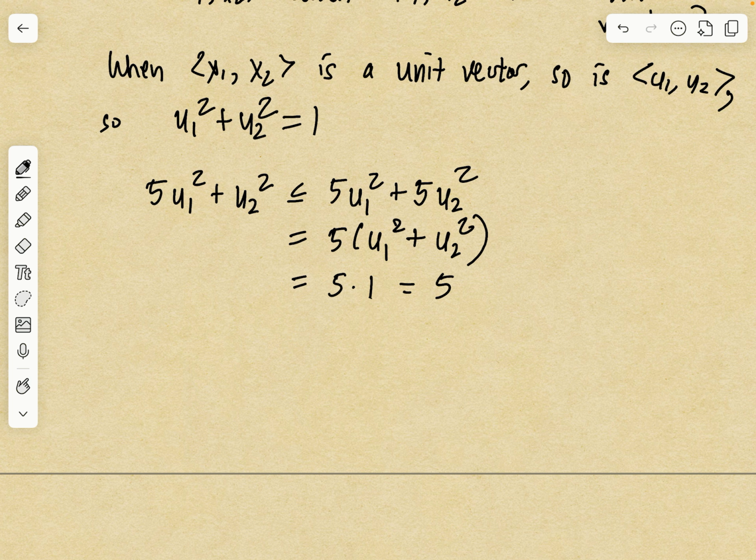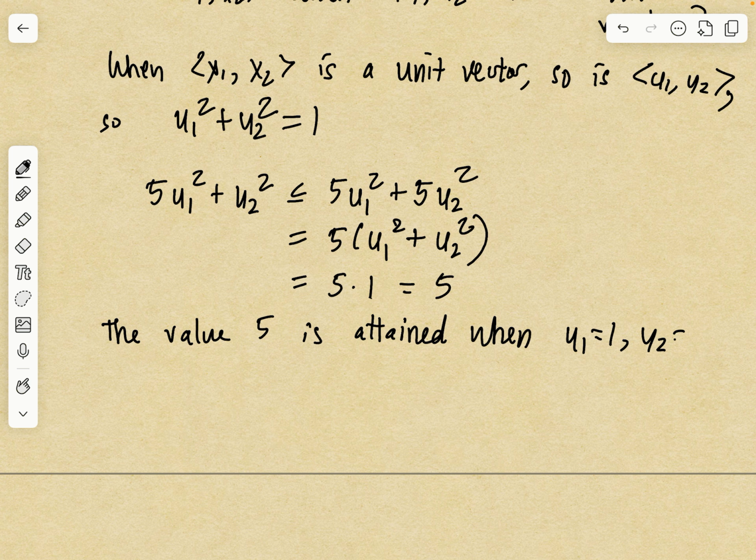But is it possible for 5u1 squared plus u2 squared to be 5? Can you come up with a unit vector u1 and u2 that will make that equal to 5? Well, yes, the value 5 is attained when u1 is 1 and u2 is 0.